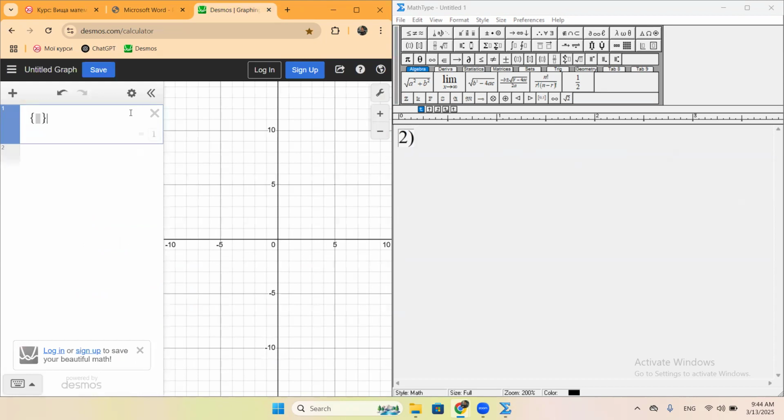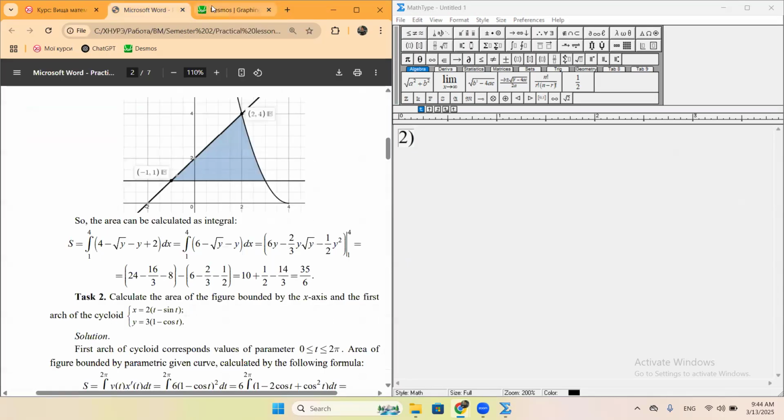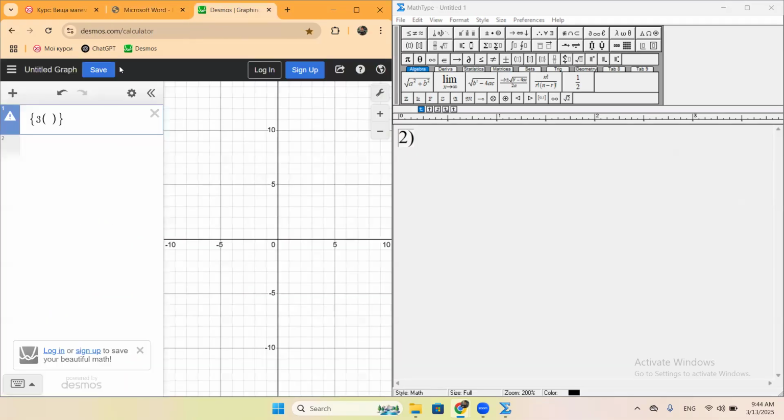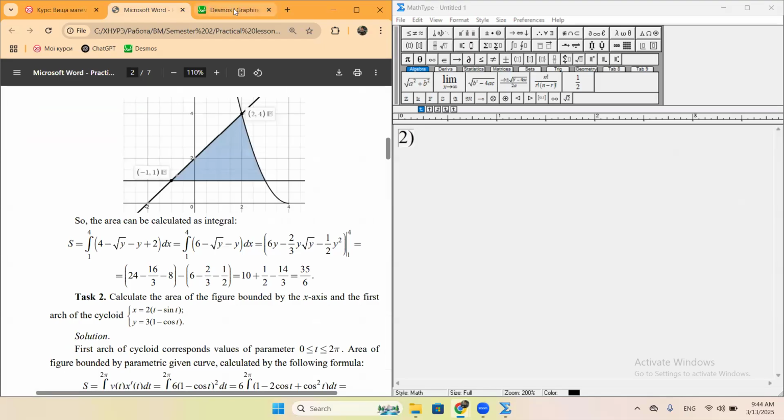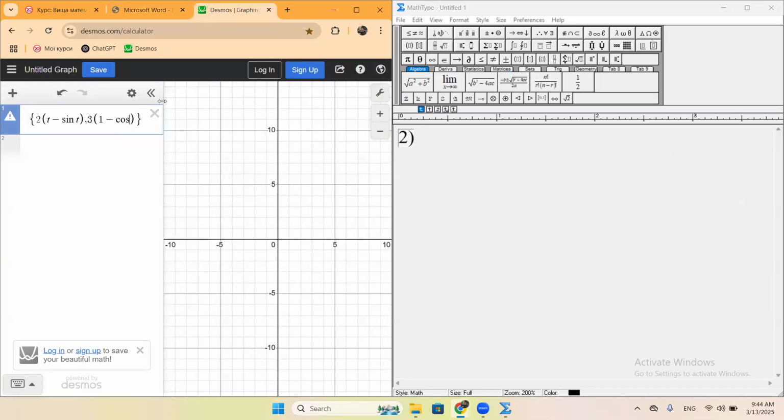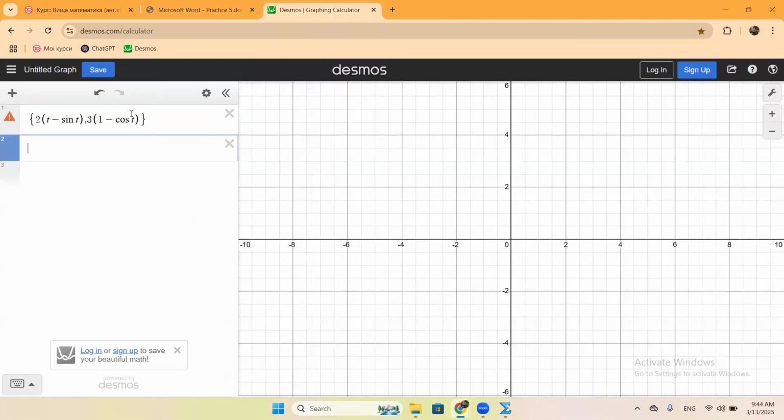Here x equals 2 times (t minus sine t), and y equals 3 times (1 minus cosine of t).